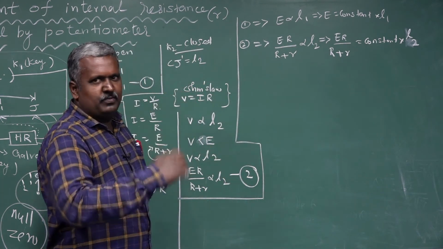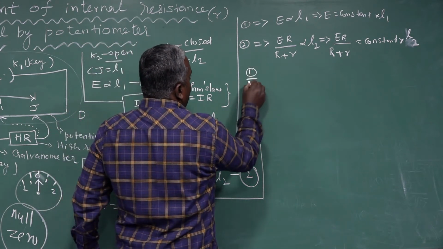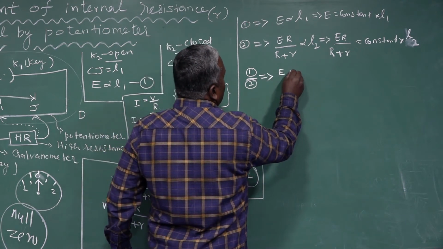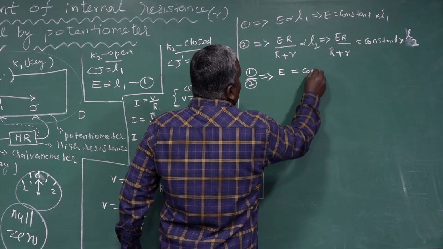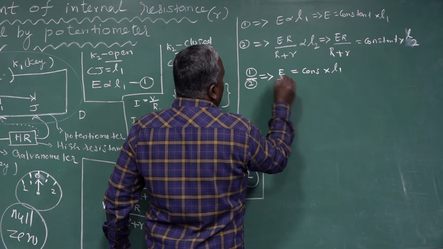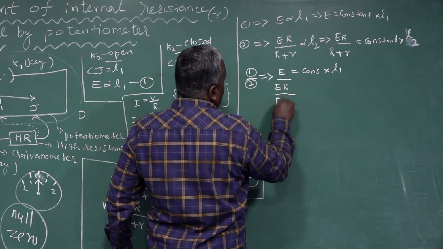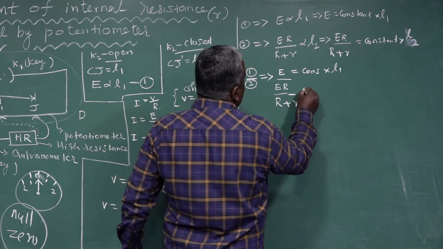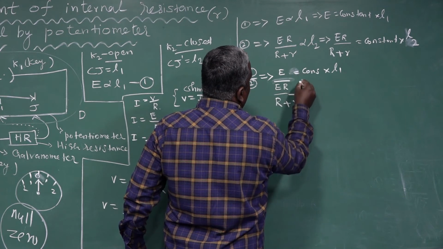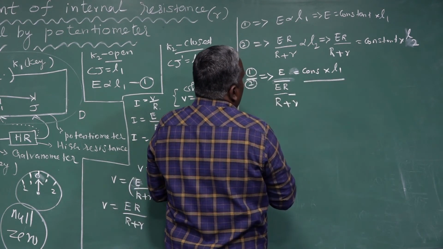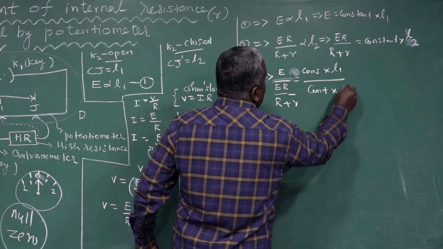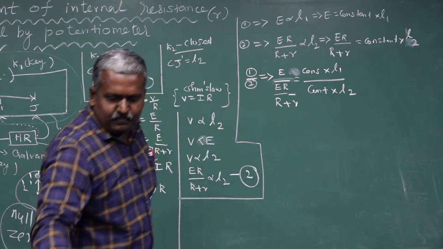Very good, equation 1 by 2. E is equal to constant into L1, divided by ER by R plus r, is equal to constant into L2.